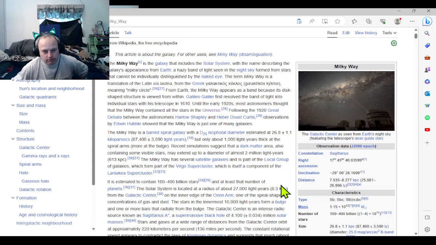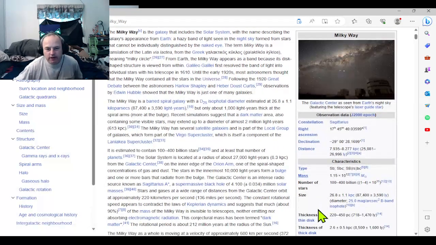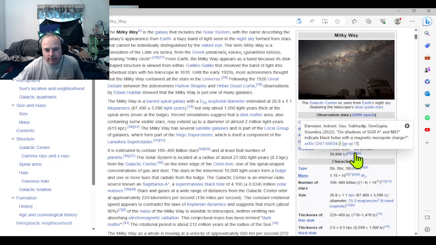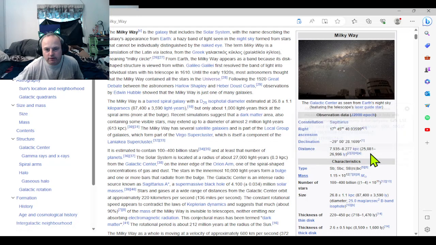So let us find another, and we also have to remember that the width of our Milky Way is what, 25,000 light years across, 25 to 26.